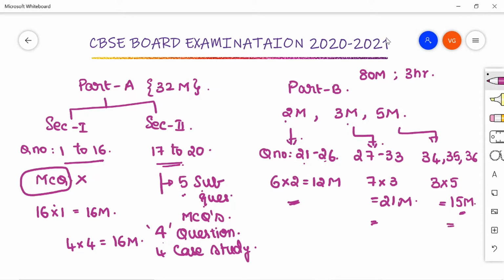Coming to part B here, 12 plus 21 plus 15, totally 48 marks. So 48 plus 32, you will have 80 marks in total. So students who are attending standard math paper for CBSE 2021 board examination, this is the clear paper pattern explanation.